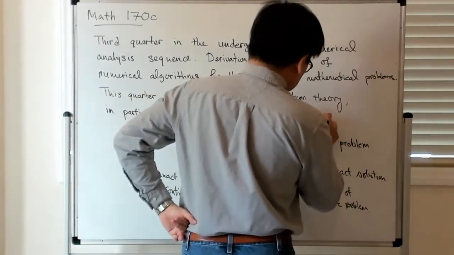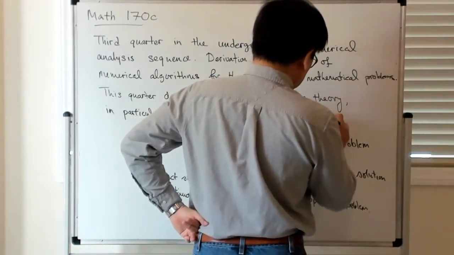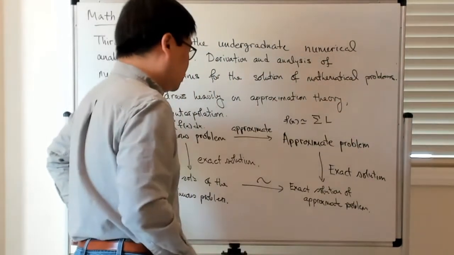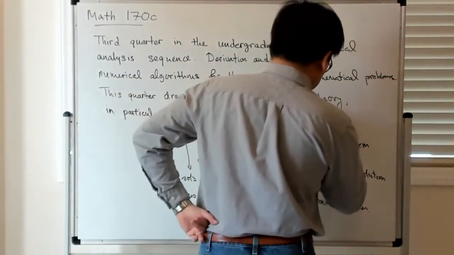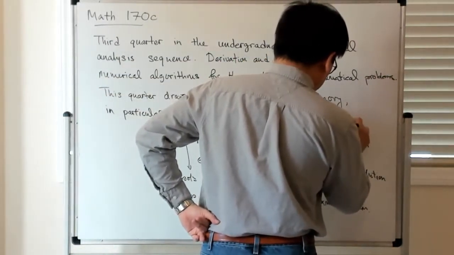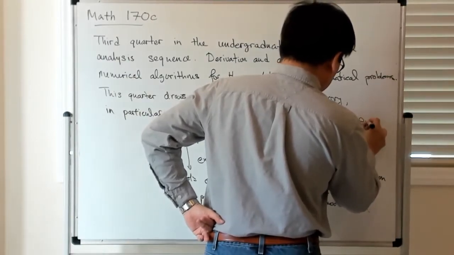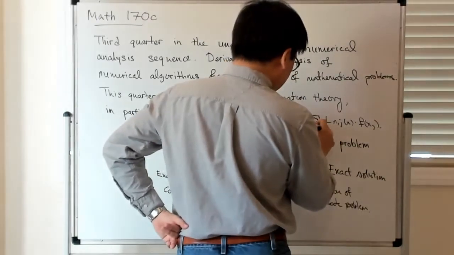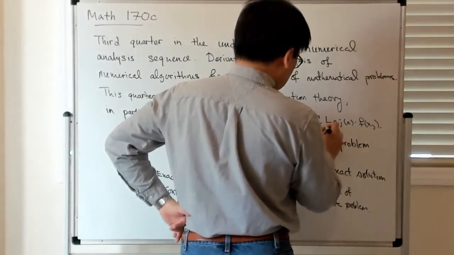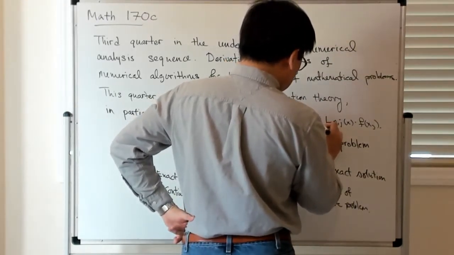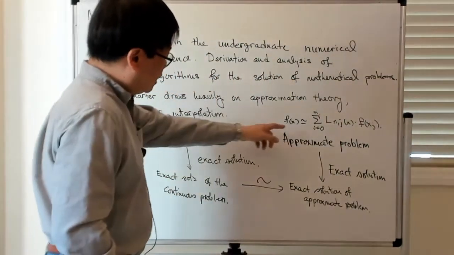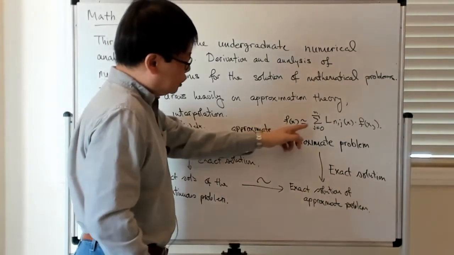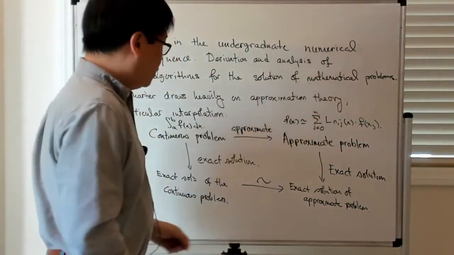In particular, you can have Lagrange polynomials, l_j(x), multiplied by f(x_j), summed from j equals 0 to n. So you could approximate a function by some sort of polynomial.